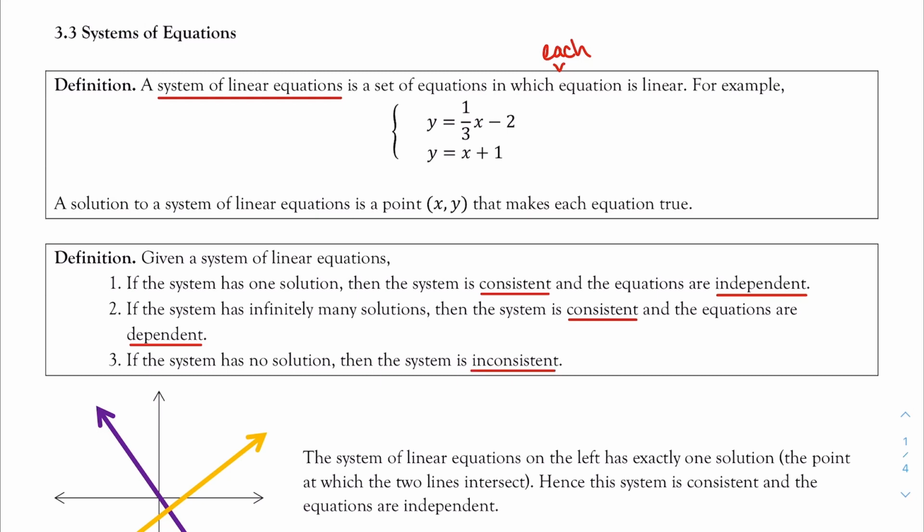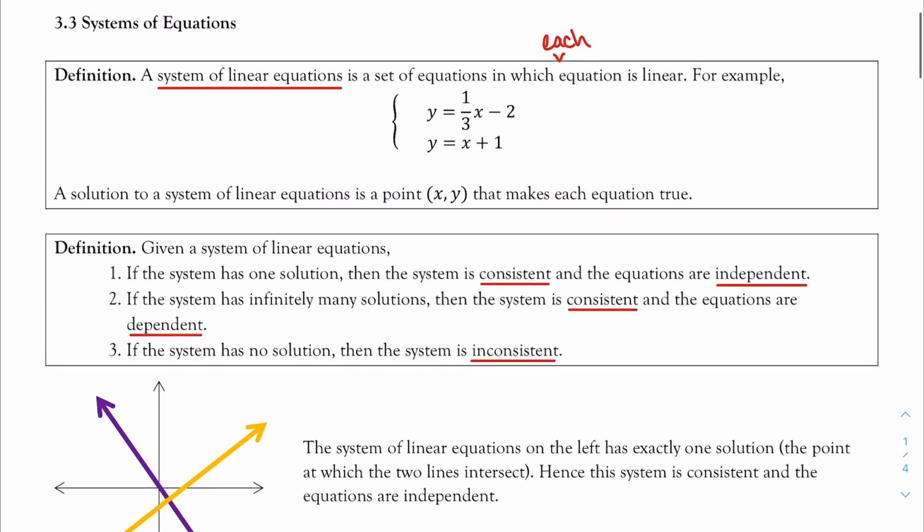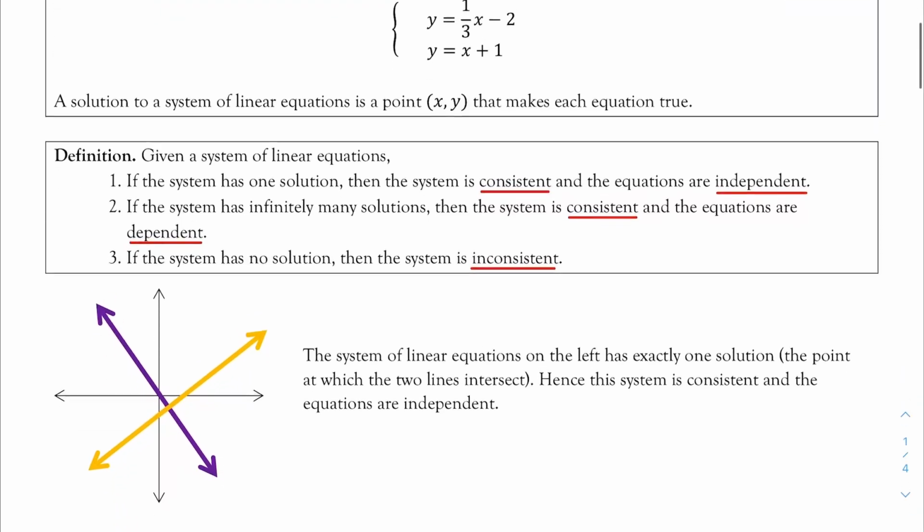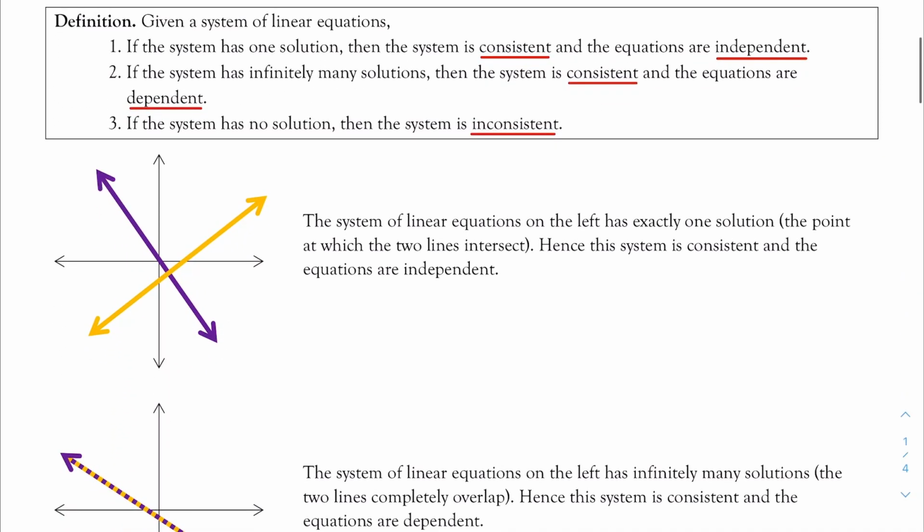So I either have one solution, infinitely many solutions, so like all real numbers, or there is no solution. So, what happens with these three scenarios? Remember, linear equations can be graphed as a line. So if I have two linear equations, I can graph two lines.